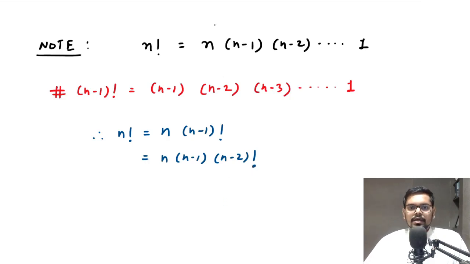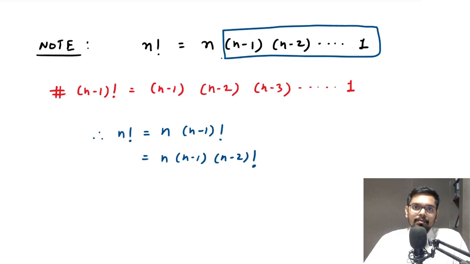How come? See here. First of all, n factorial is this thing, and I told you that you can replace this box by n minus 1 factorial, because n minus 1 factorial says start with n minus 1, then go a number back, up till 1. So this complete thing is n minus 1 factorial.